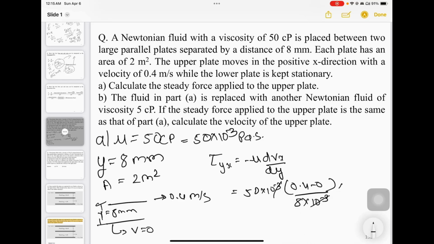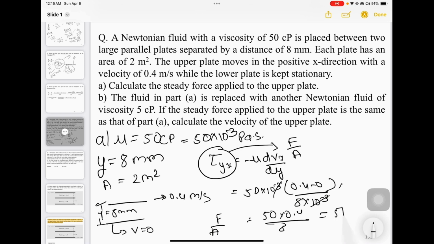We already know that momentum flux is equal to force upon area. So force upon area is equal to 50 into 0.4 divided by 8, which will be equal to 5 Newton. So the answer for part A is 5 Newton.